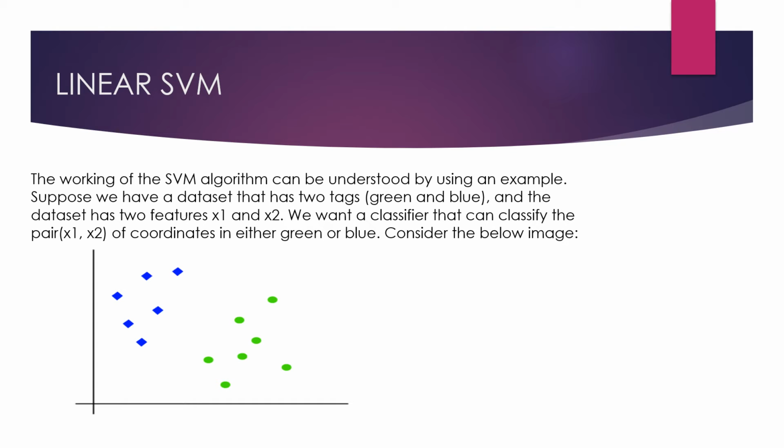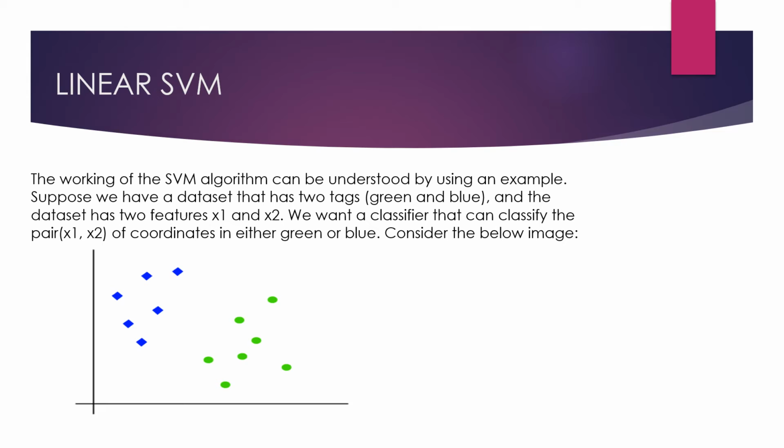Linear SVM. The working of the SVM algorithm can be understood by using a diagram. Suppose we have a data set that has two tags, green and blue, and the data set has two features, x1 and x2. We want a classifier that can classify the pair of coordinates (x1, x2) as either green or blue. Consider the below diagram.